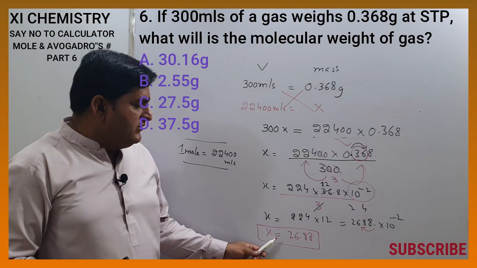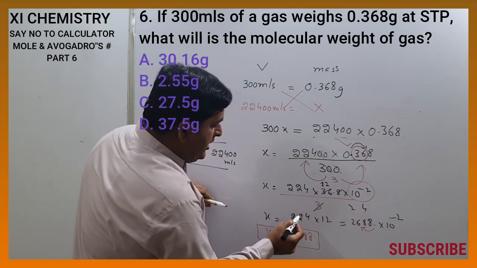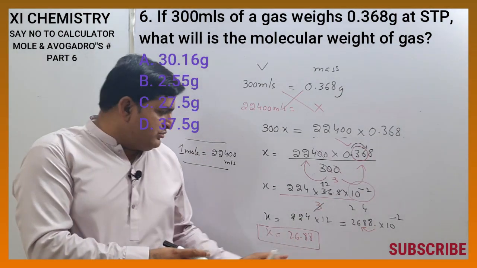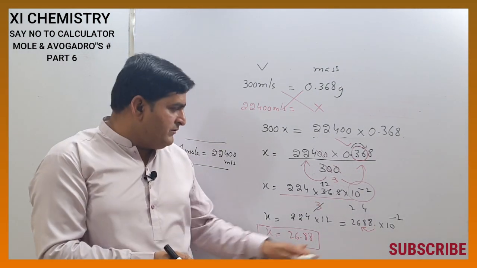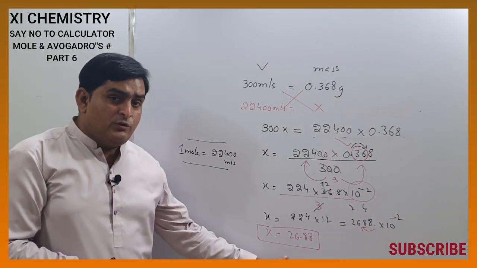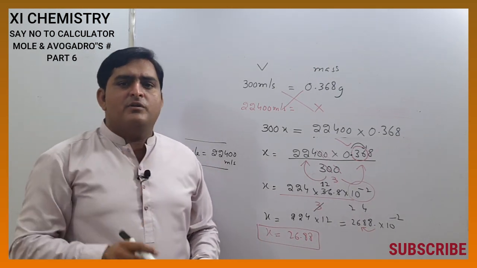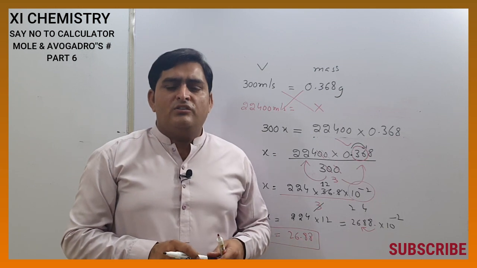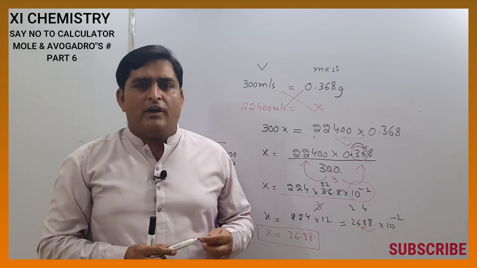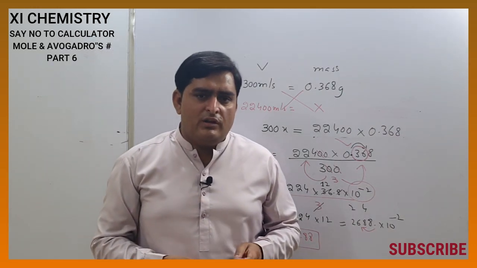As we neglected 0.8 here and 0.8 here, our answer should be close to one of these, not exactly equal. So among the rest of the options, this option is very close: 27.5. So our answer will be 27.5. So this is a way of doing smart work, doing problems without using a calculator.